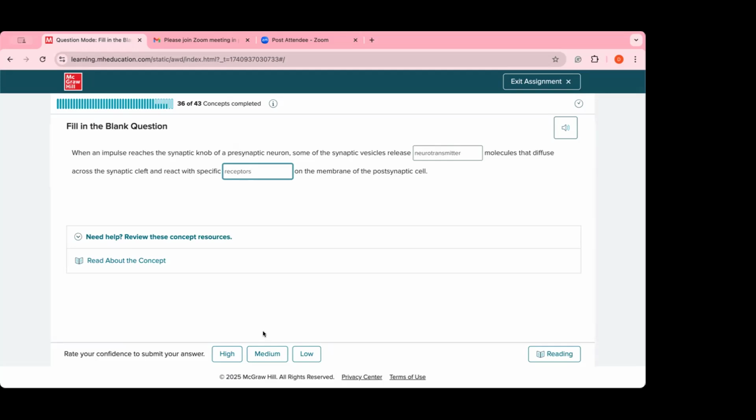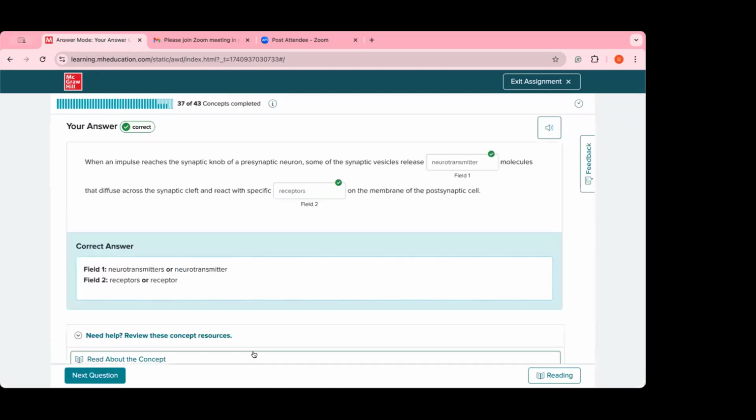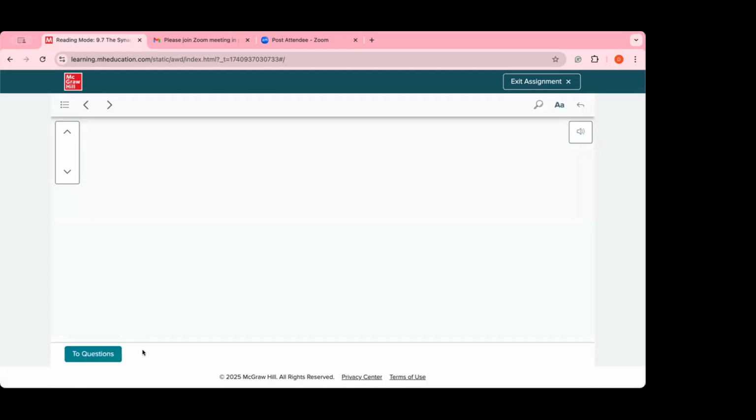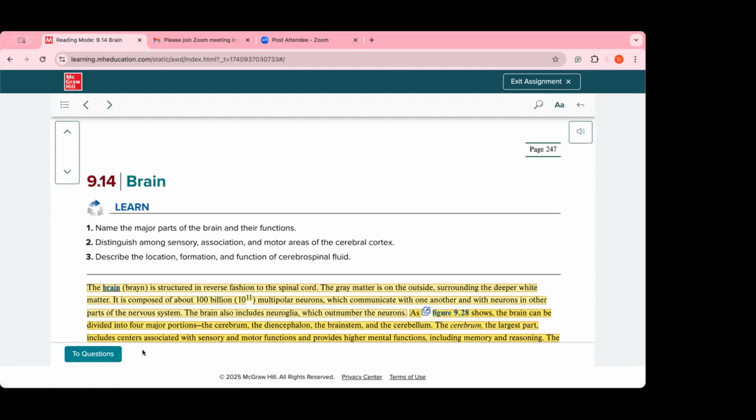Okay. Okay, the four major divisions of the brain. Okay, I don't know this, so I have to read it because we haven't looked at it yet. The brain is structured in, okay, we read that. The brain can be divided into four major portions.